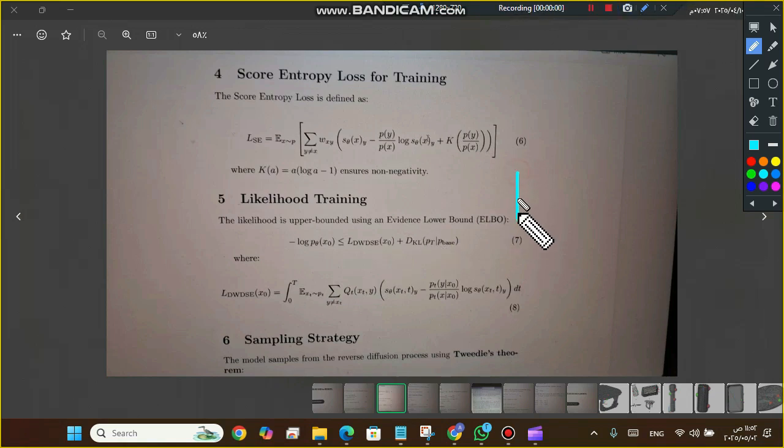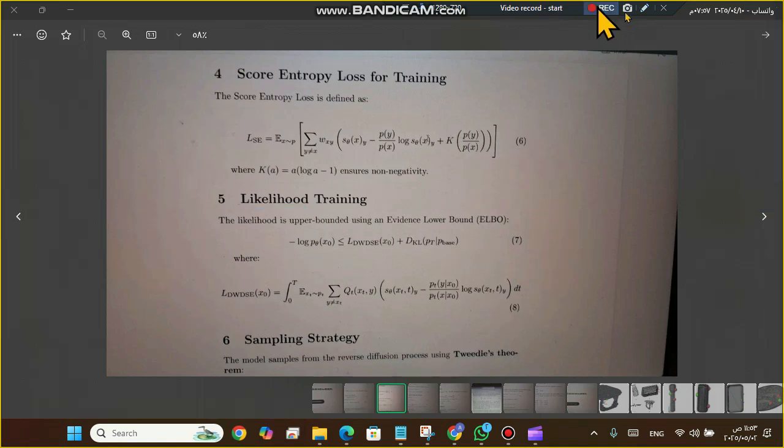Right now we have P of X naught. In other words, what is the probability that our model will generate X naught? So what's the difference between likelihood and probability here? It's just a question of perspective, and I'll explain.